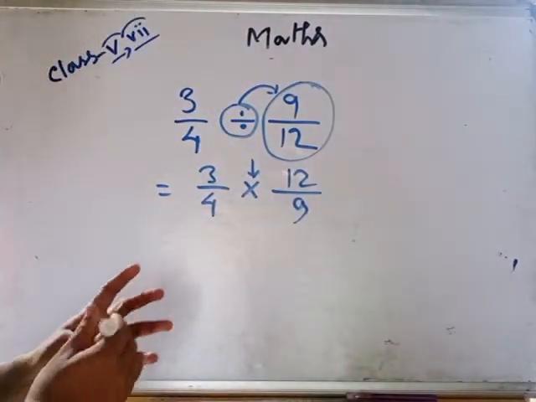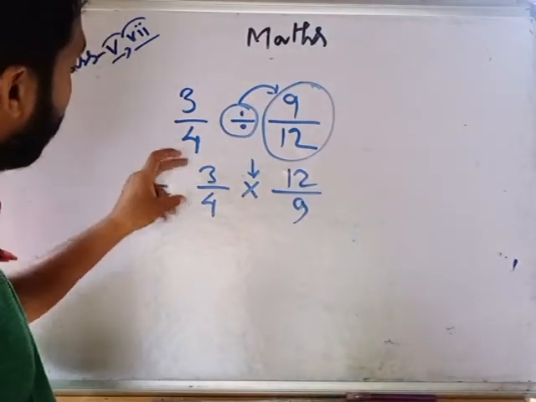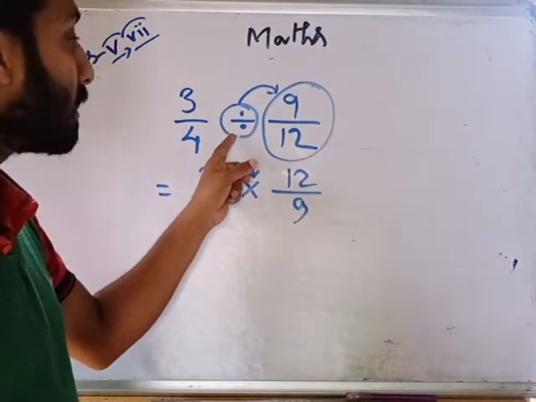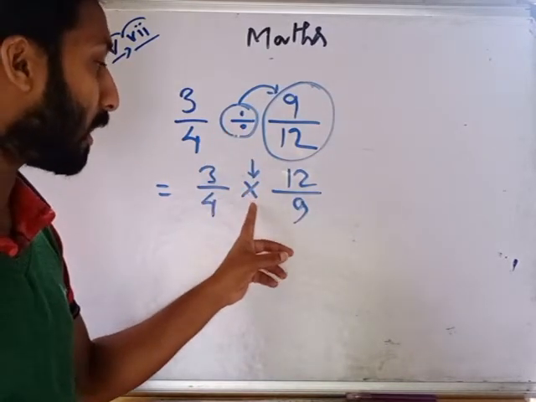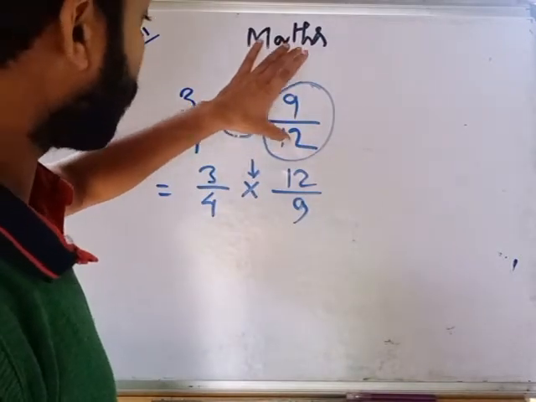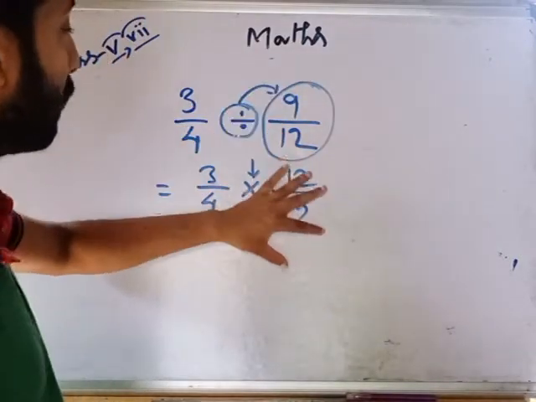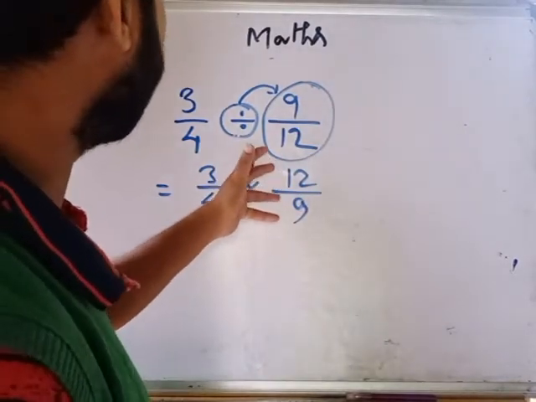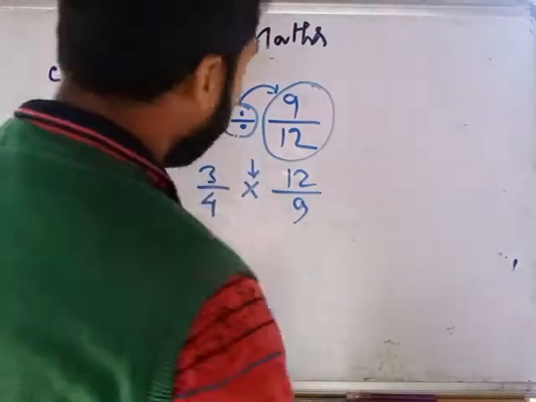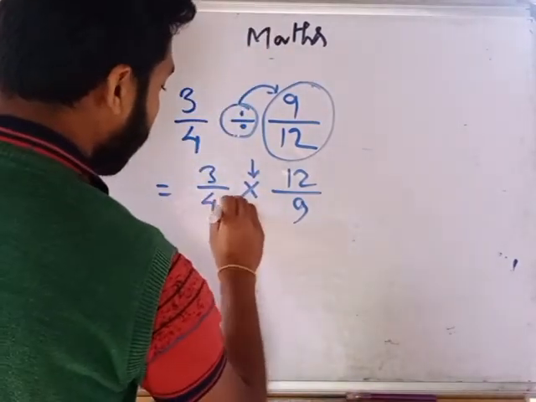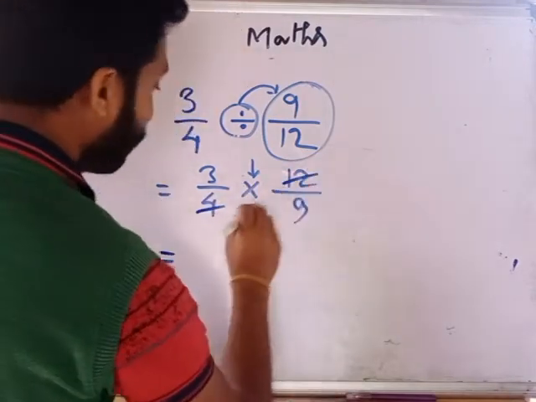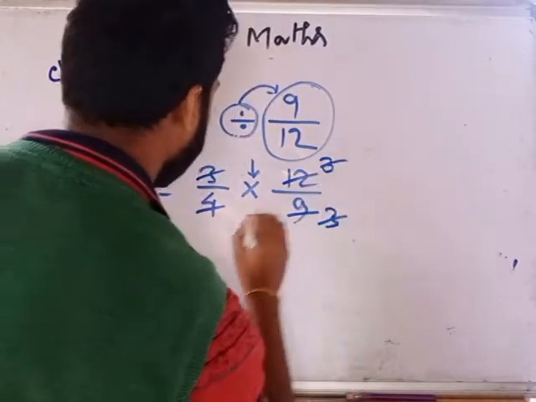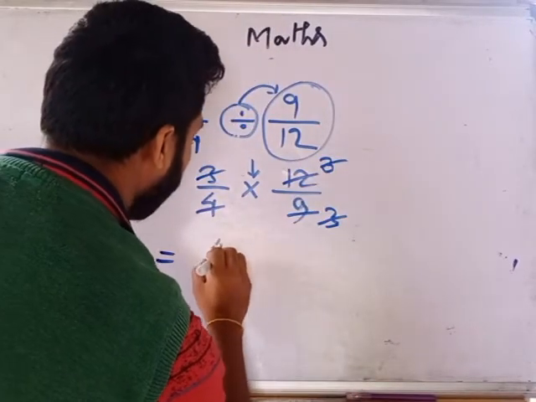At first we write the first number the same, but at division time the divide sign converts into a multiplication sign, and the next fraction or whole number is changed into its multiplicative inverse or reciprocal. After that we go to the multiplication. 4 3s are 12 and 3 3s are 9. 3 cut with the 3, that means it is 1.